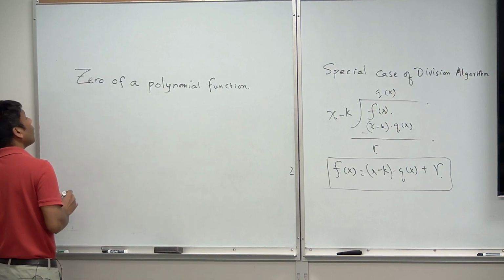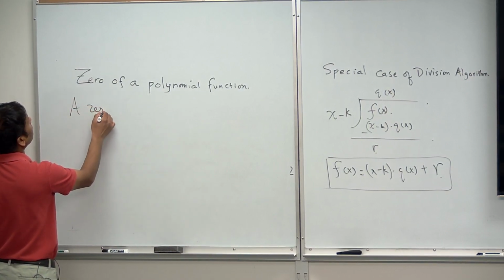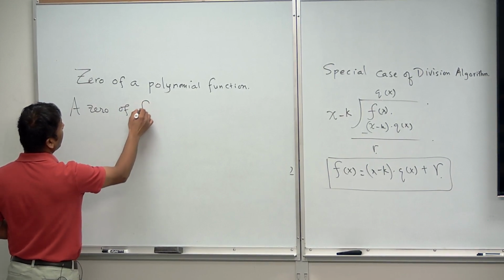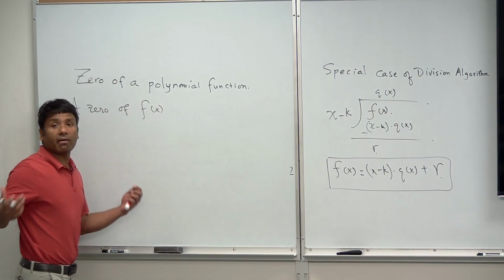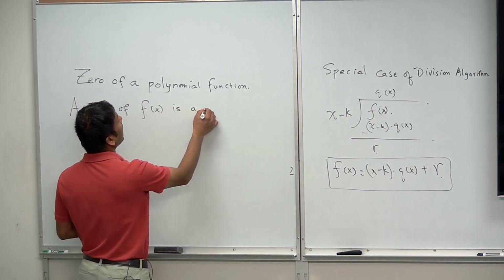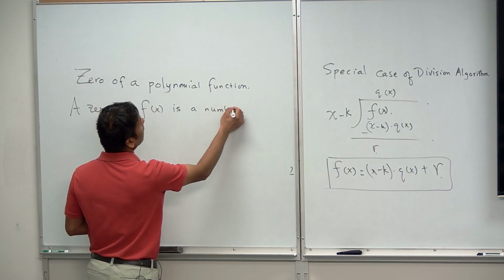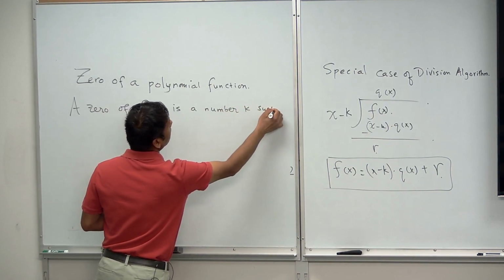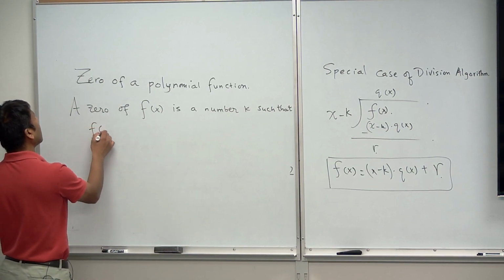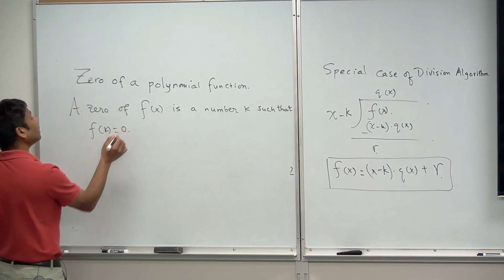So a zero of a polynomial function is the number k, okay? A zero of f(x), let's say f(x) is the polynomial function, is a number k such that f(k) equals 0.